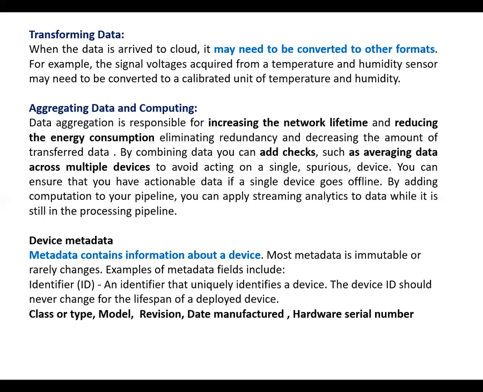Let's suppose the minimum value is 0 degrees centigrade and the maximum value is 100 degrees centigrade. So this particular thermometer has a range of 0 to 100. This we can call metadata. The metadata includes an identification number that uniquely identifies the device. The device ID should never change for the lifespan of a deployed device. Class or type, model, revision, date of manufacture, and hardware serial numbers are all called device metadata.